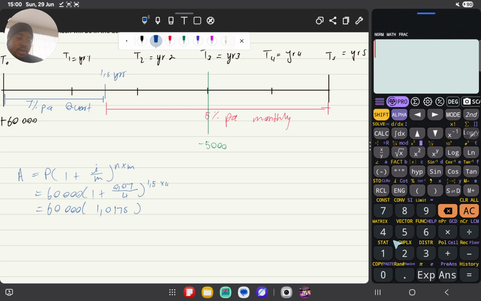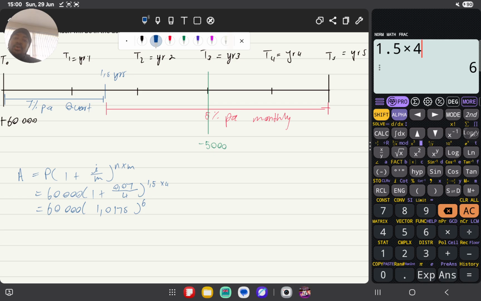And then the exponent I think is 6, but let's see. Yes, it's 6. So that is the amount that we will be having in our account at the end of that period, 1.5 years. If I put this value in my calculator, the amount we get here will be the amount that we'll be having in our account.